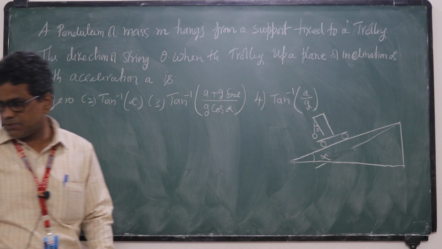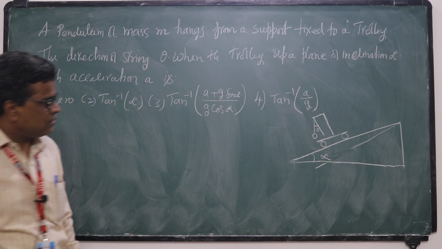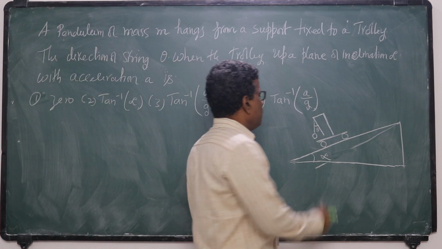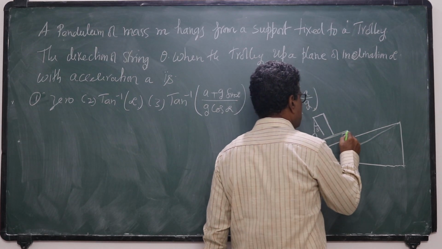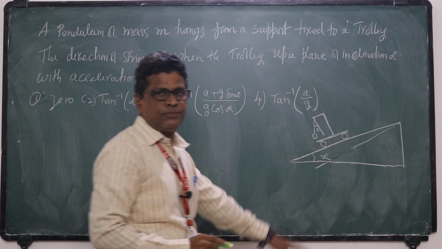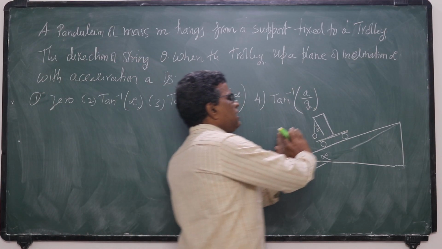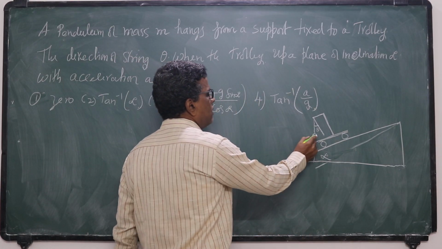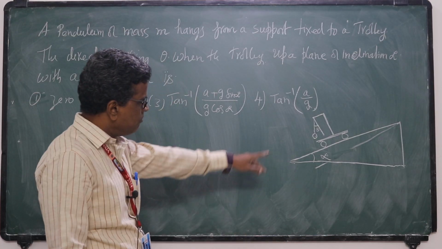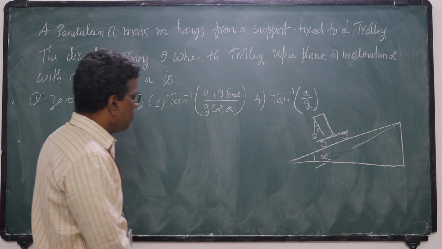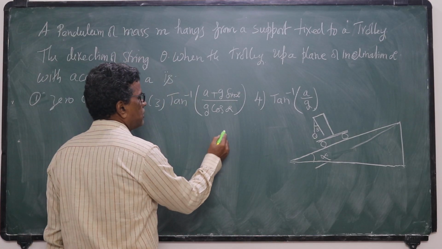How do you solve this problem? Clear? So first you analyze the problem. Now this trolley is rising up. So what are the forces acting on this bob? Let us draw the FBD of the bob.